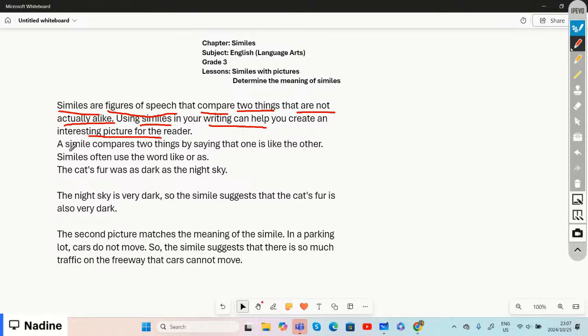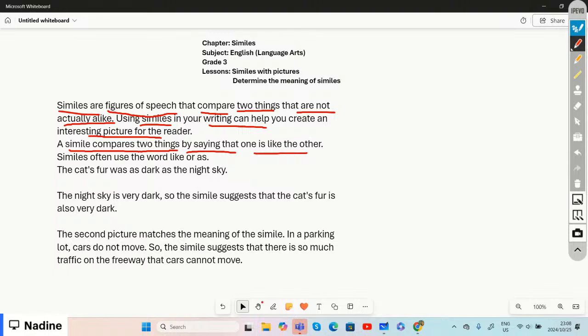A simile compares two things by saying that one is like the other. So remember, we are comparing two things that are not actually alike, but we do say one is like the other. That is similes.